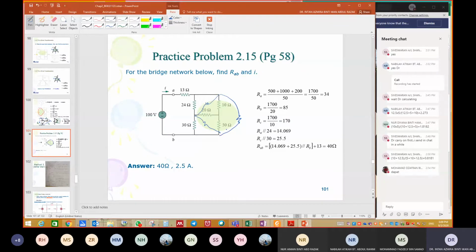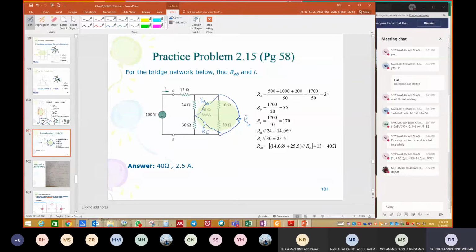So RA is 50. Where is RA? This is RA. RB is opposite this. RC is here.